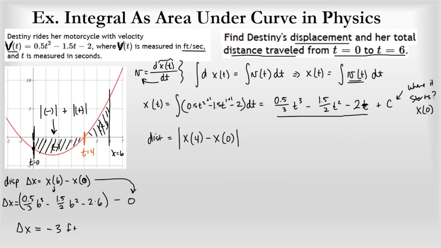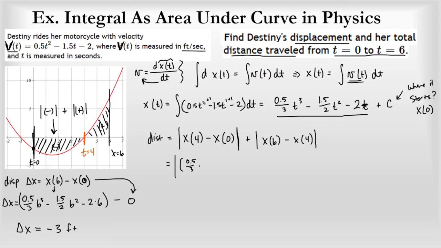From 0 to 4, this is our negative portion. I'm going to take the absolute value of it. And then I'm going to add on, of course, the absolute value of x of 6 minus x of 4. That'll be that positive area. I don't really need absolute value signs around it, but I'm going to remind you that's what I can go ahead and evaluate it, right?